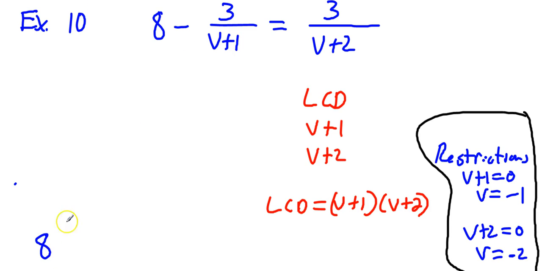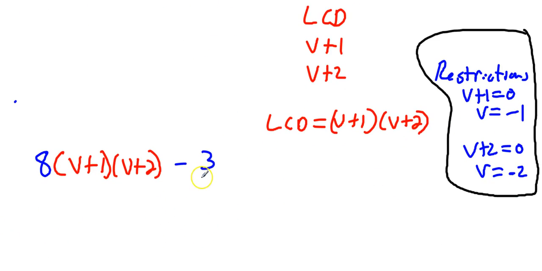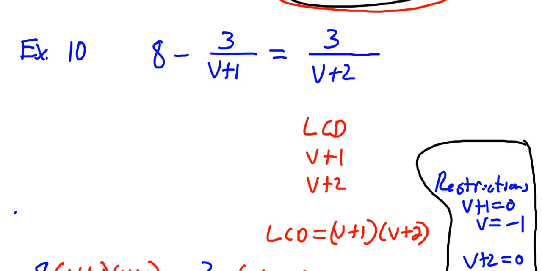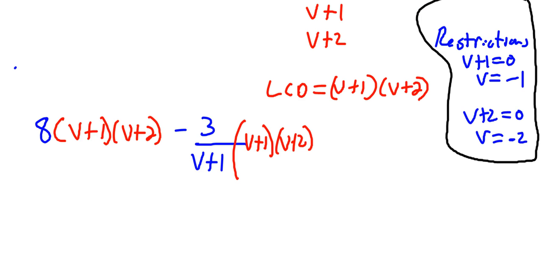So we're going to take the 8, multiply it times v plus 1 and v plus 2. Minus 3 over v plus 1 and that's times v plus 1 and v plus 2. And that's going to equal 3 over v plus 2.